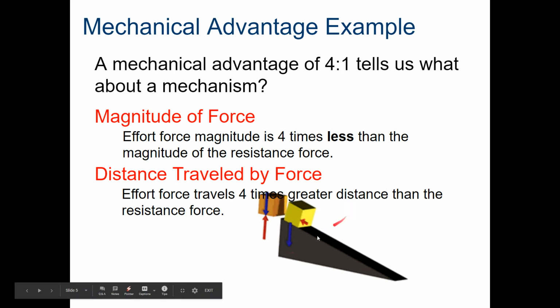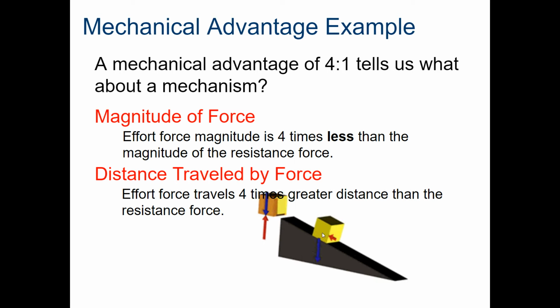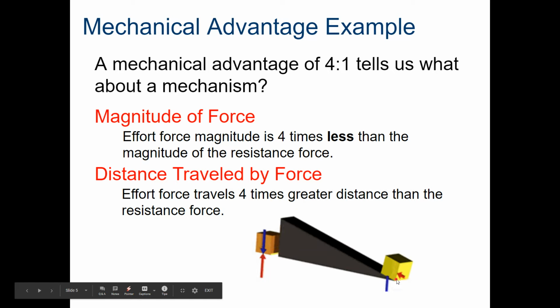So here's the deal, all right? There's trade-offs. The trade-off to making our effort less to move it up that ramp is that we have to travel a greater distance. So our effort up this ramp is 4 times greater. Let's say that is 20 feet.